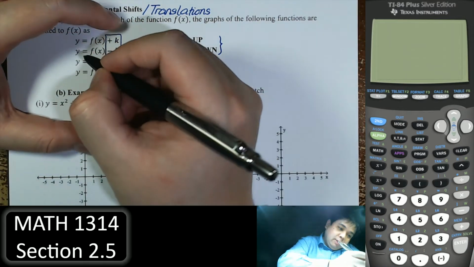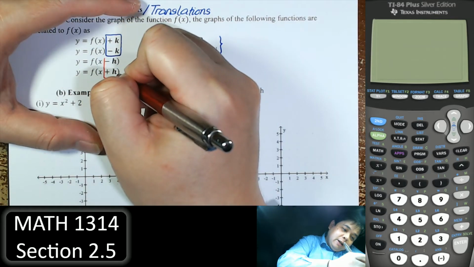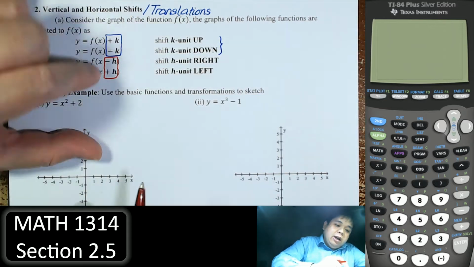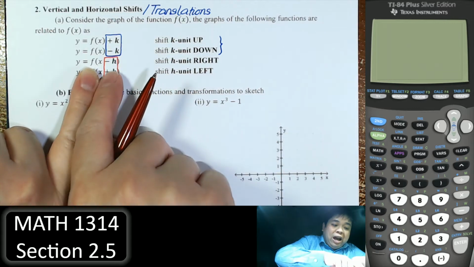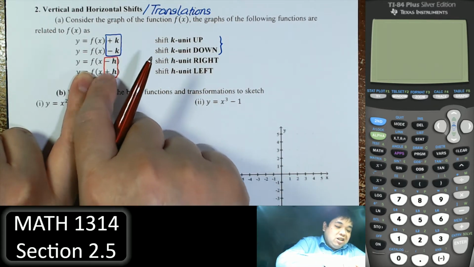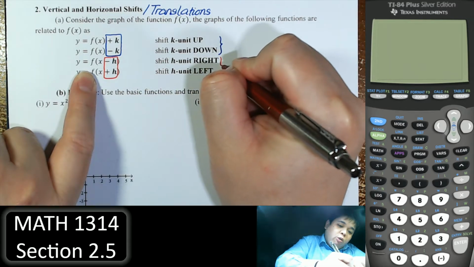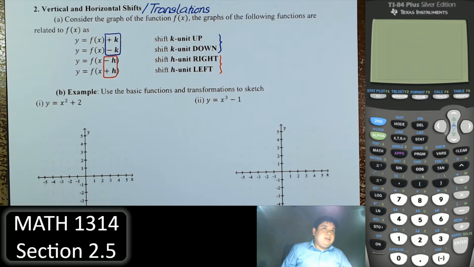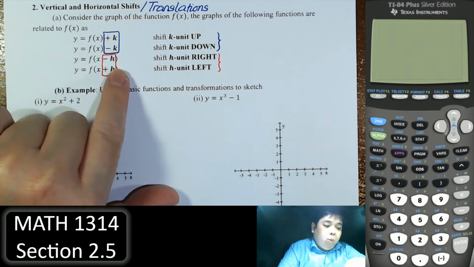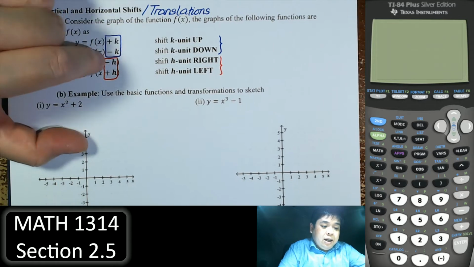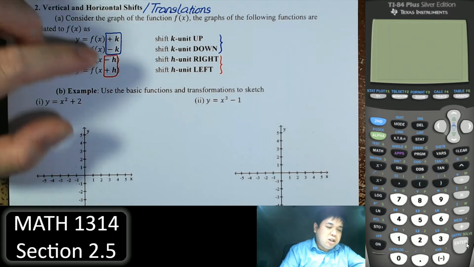Now, if instead of adding a number outside of y equal to f of x, we add inside the parentheses, meaning we replace x, or inside, we're going to go right or left. And notice that plus k is up, and minus h is to the right. We'll talk about that more in a minute, just for now.